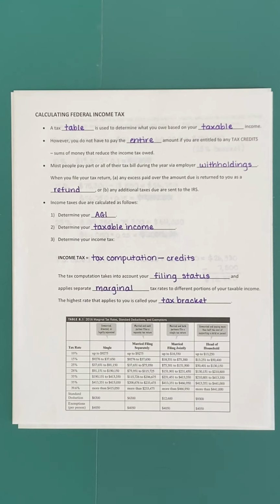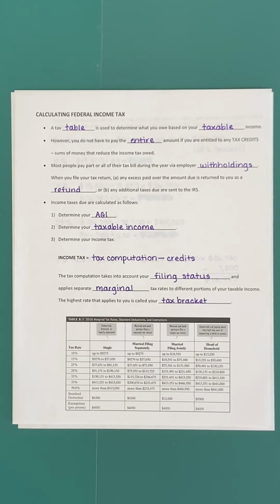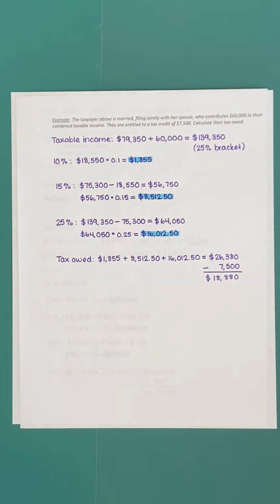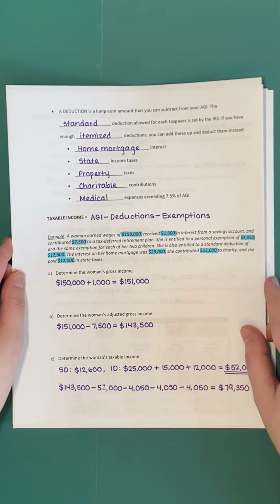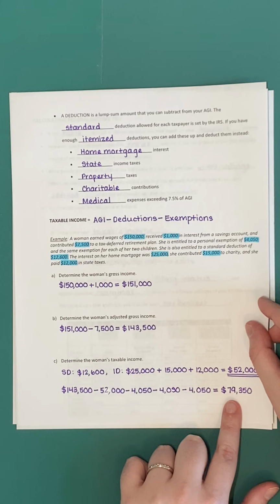So we're going to put some actual numbers in. We're going to actually do the calculation. We're going to use this table. So I printed it out on another sheet of paper so we can reference that as we actually look at the calculation. Okay, so let's look at the taxpayer we just did the taxable income for. So let's review that. This person's taxable income came out to $79,350.